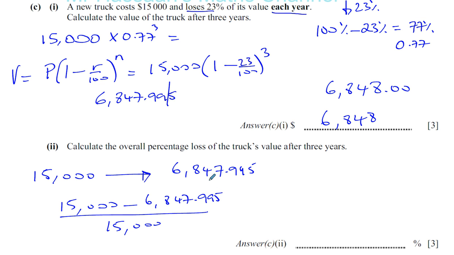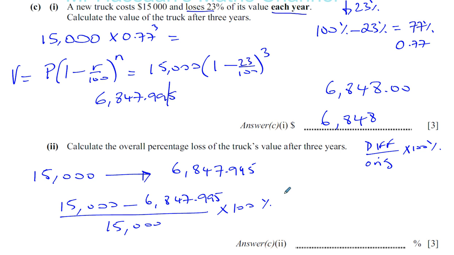And 1 time out of 2, 50% of the time, they'll guess wrong. So you lose marks. So it's always the difference over the original. And then you multiply by 100 to make it into a percentage. You don't multiply by 100%, you multiply by 100. You keep the percent as a unit.